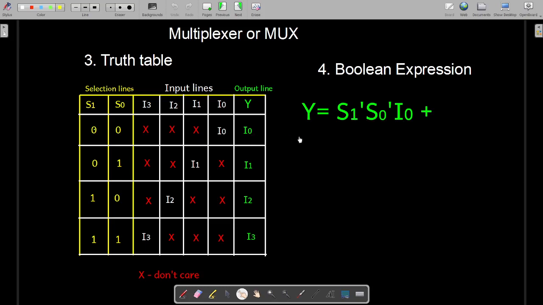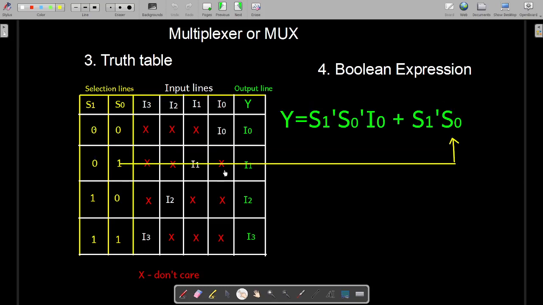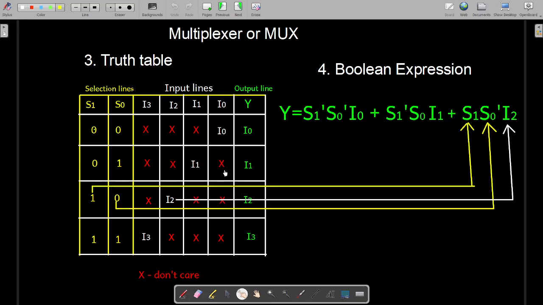for the first input combination of this I0 output. Then the second is Y is I1 for this input combination. For this we can write it like S1 dash, S0, and then this I1. Then we go for the third combination, for which we get S1 as 1, S0 as 0, so S0 dash, then I2.